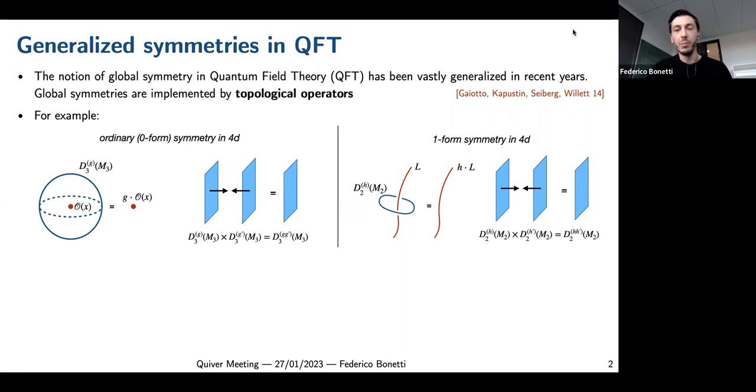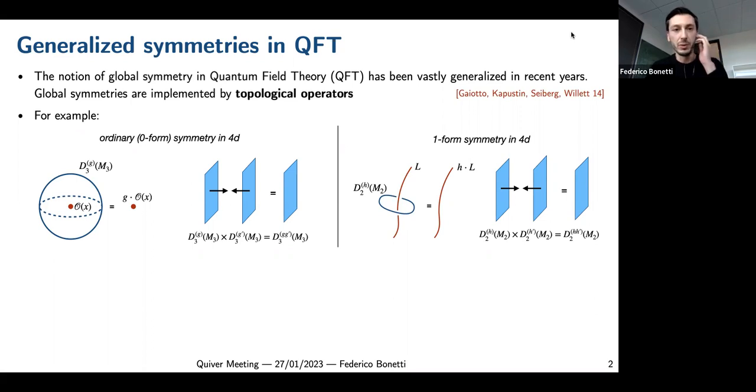One of the most interesting conceptual novelties of the past few years has been a way of thinking about global symmetries in quantum field theory. In particular, one of the key realizations has been that the notion of global symmetry essentially corresponds to the notion of having suitable topological operators in your quantum field theory.